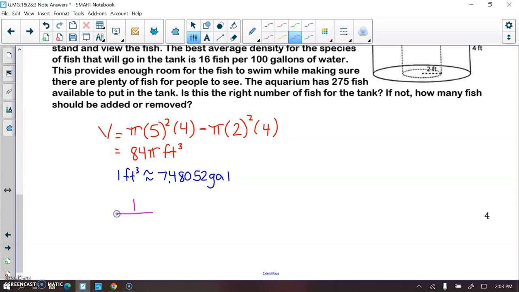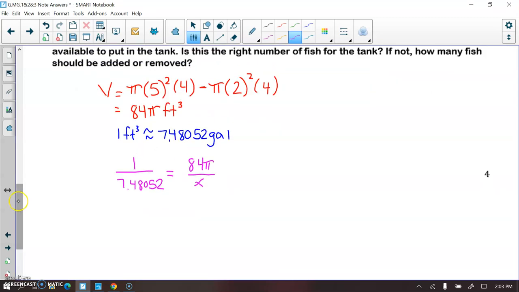So if I do 1 over 7.48052, that would be equal to 84 pi over x gallons. So x is going to come out to be approximately, if I do 84 times pi times 7.48052, approximately 1,974, and rounding to the nearest hundredth, 0.06 gallons. That would fit in this fish tank.